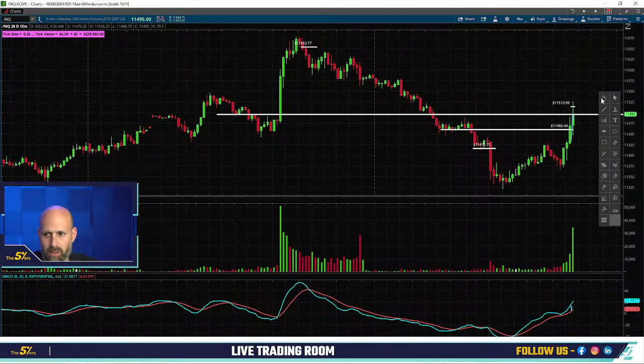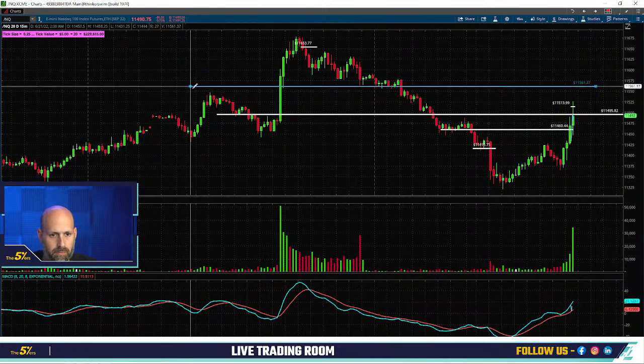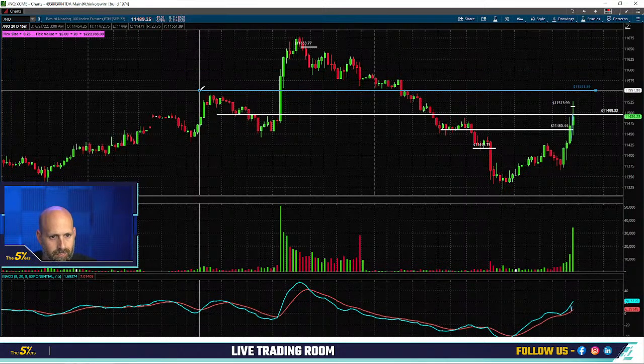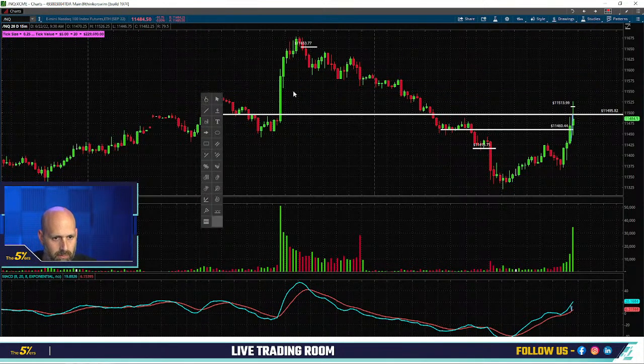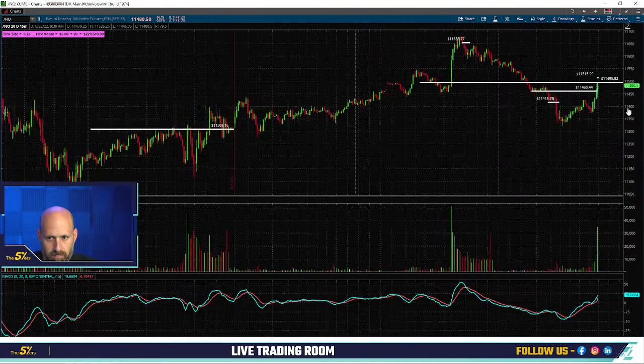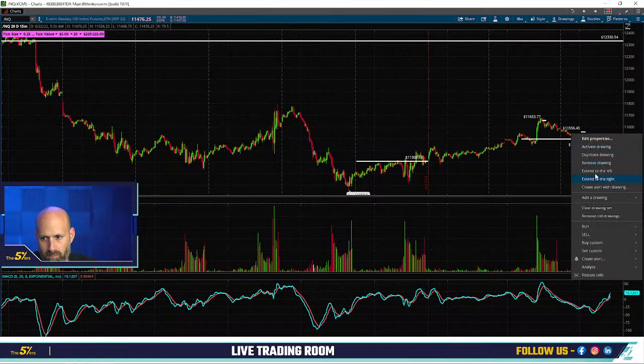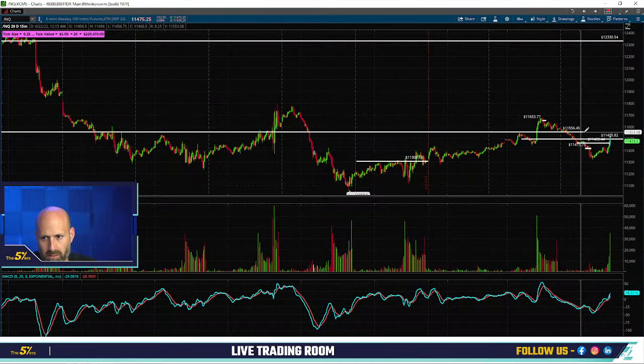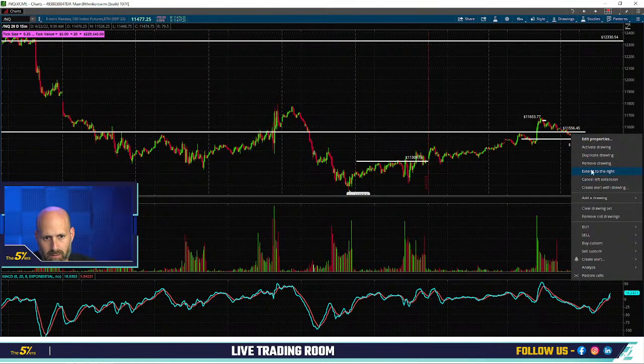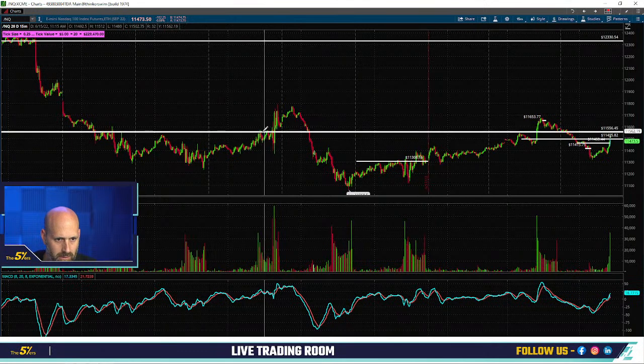That should be around this area, right about where I'm standing. You can see it clearly on the left side, those resistance levels right here, here, and here.